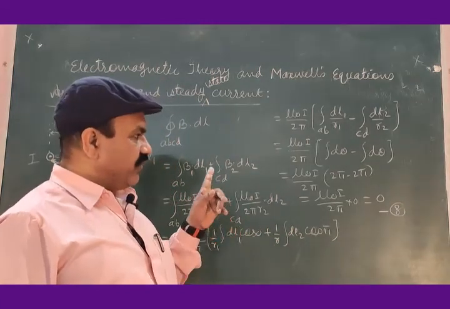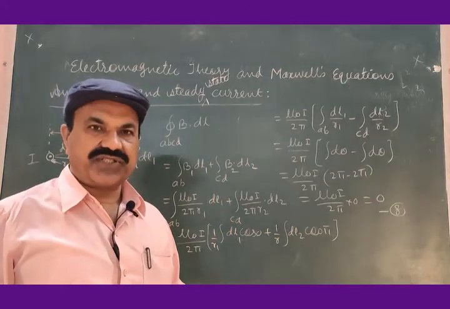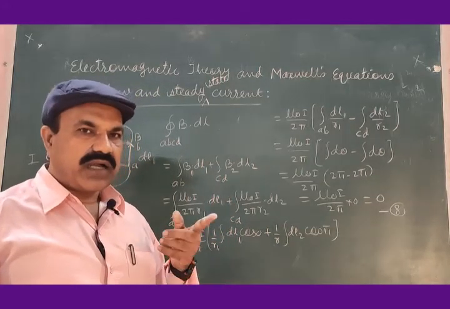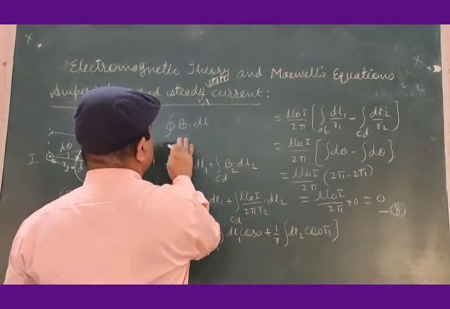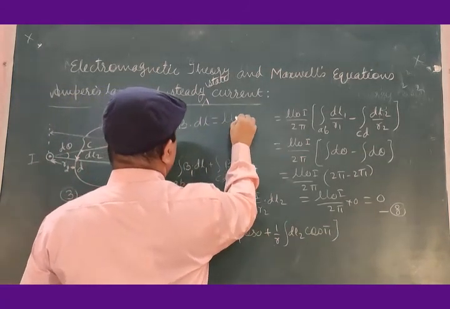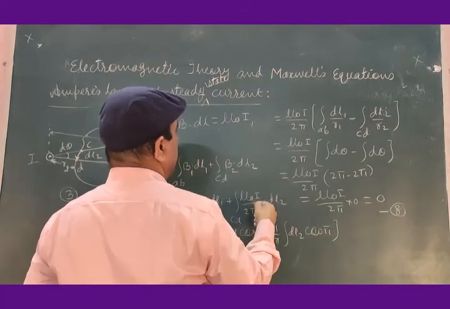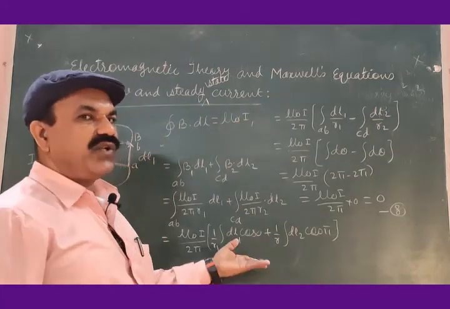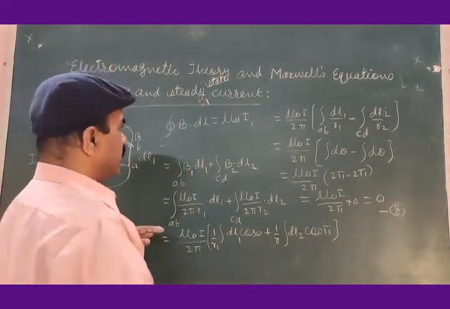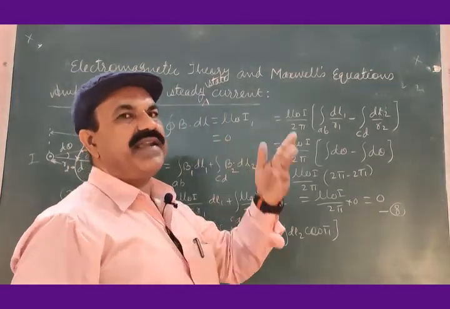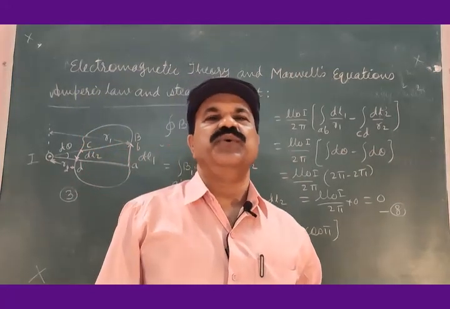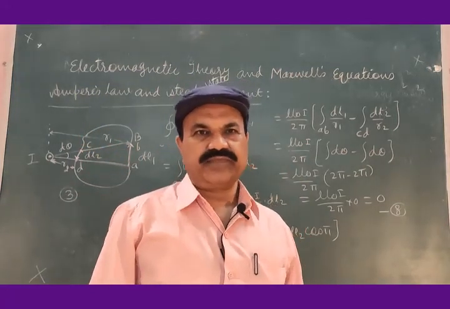So, from these three situations, the conclusion we can draw is B dot dl is always equal to mu 0 I if current I is enclosed by the closed path, and this is equal to 0 if current I is not enclosed by the closed path.